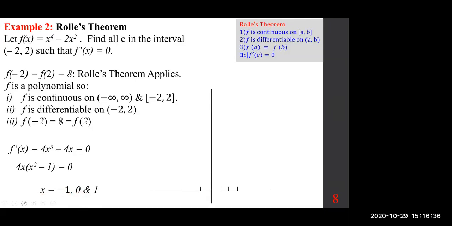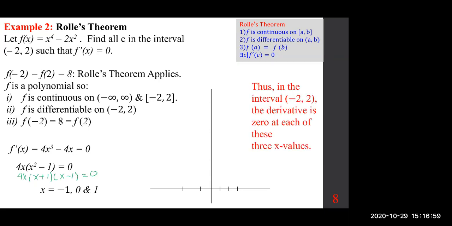Or you can write 4x times x plus 1 times x minus 1 equals 0. So practically we are done with this.